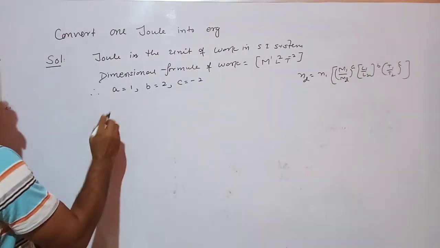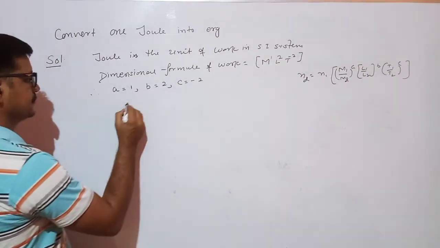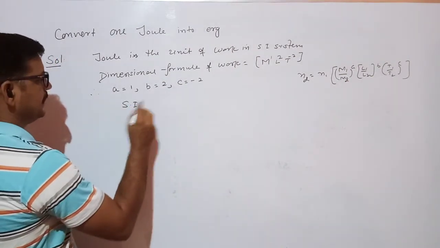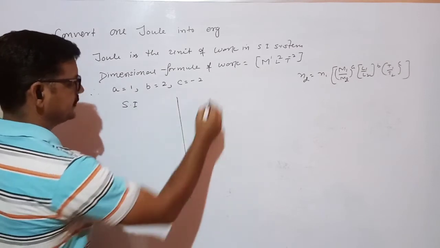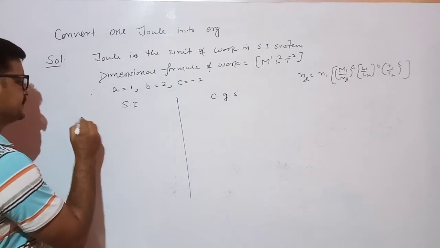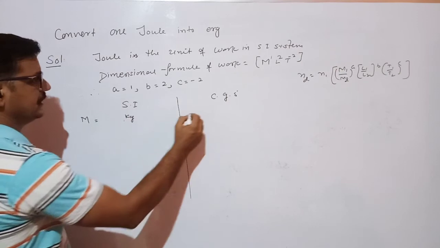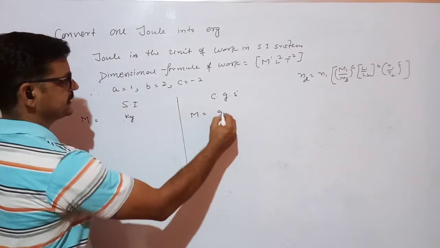Now you have to convert the SI system into CGS units. So you can write SI system here and CGS system here. In the SI system, mass is measured in kilogram and here mass is measured in gram.